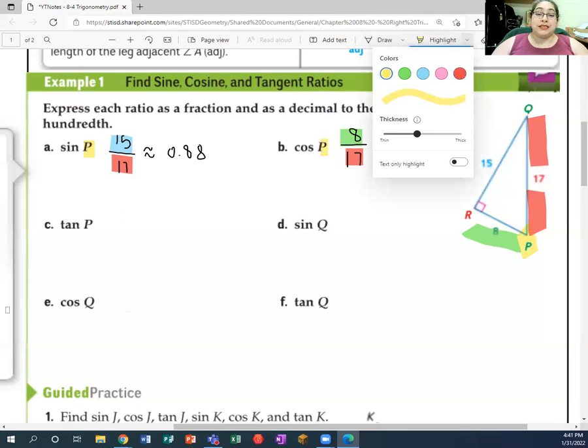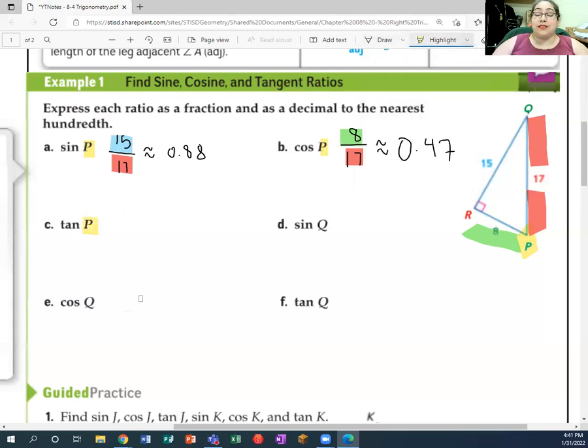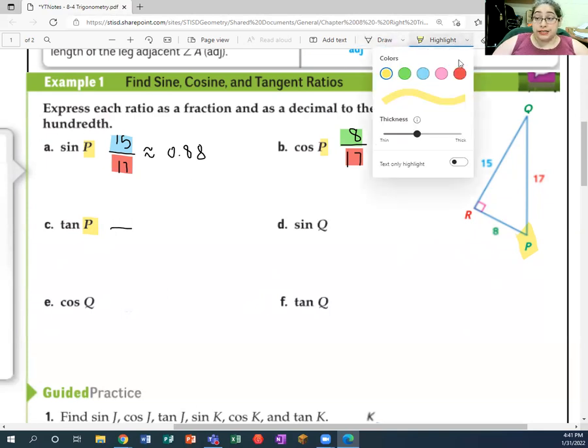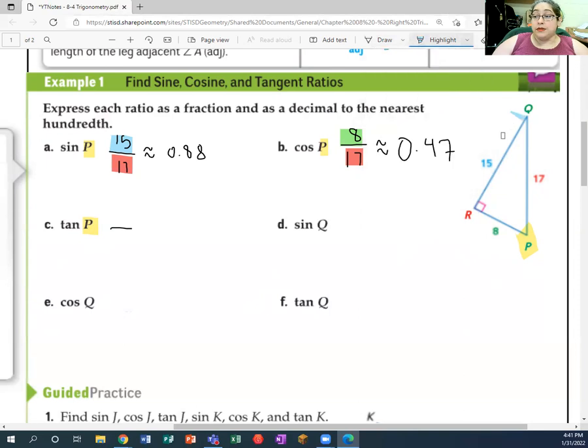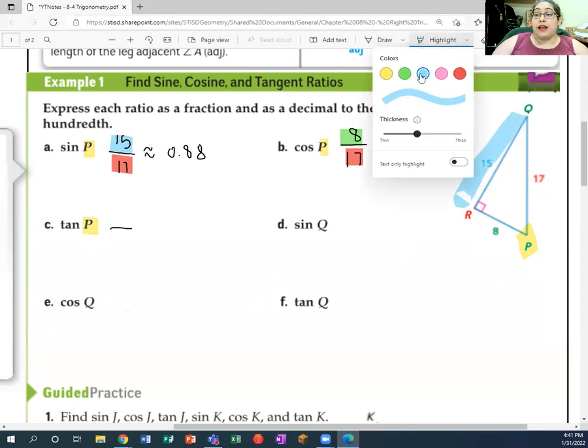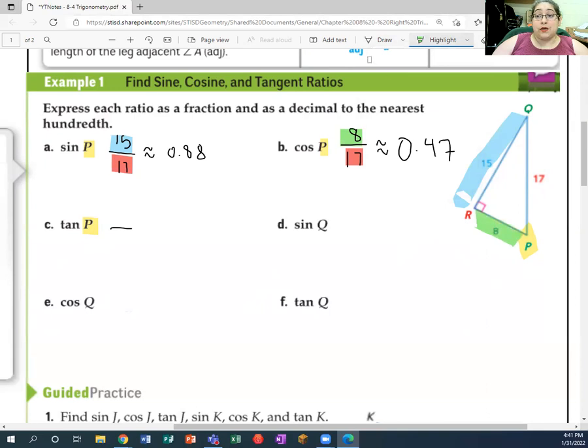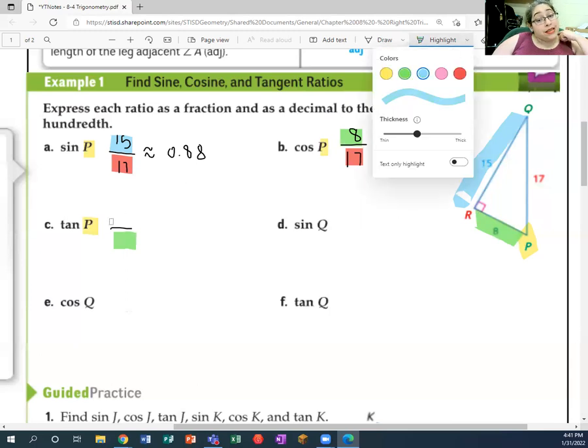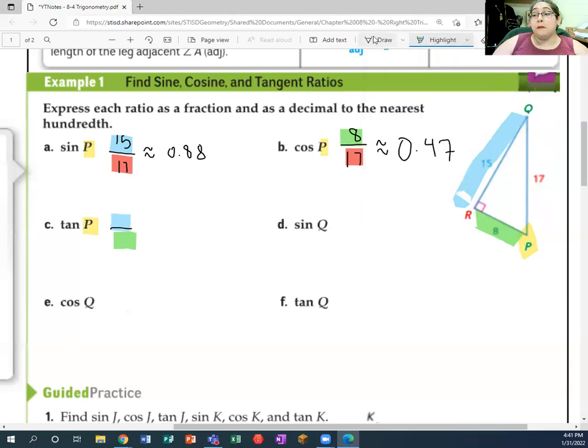Let's do the last one together. Let's do P, and I'll leave you these three to figure out on your own. We want the tangent of angle P. Here's my angle P. Tangent is always opposite over adjacent. So the side opposite angle P divided by the side adjacent to angle P. Remember, adjacent is the one that's helping create the angle that we're interested in, but is not the hypotenuse of the triangle.